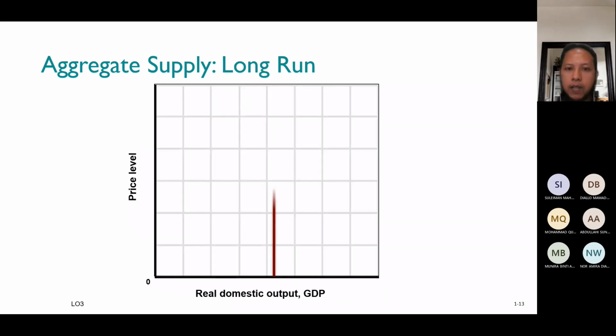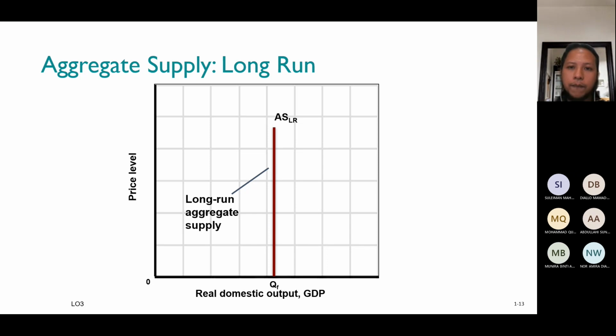And then finally, in the long run, it is a vertical line. So this is the aggregate supply. What this shows is that the price level changes do not affect the firm's profit, and therefore there's no incentive for the firm to alter their output.